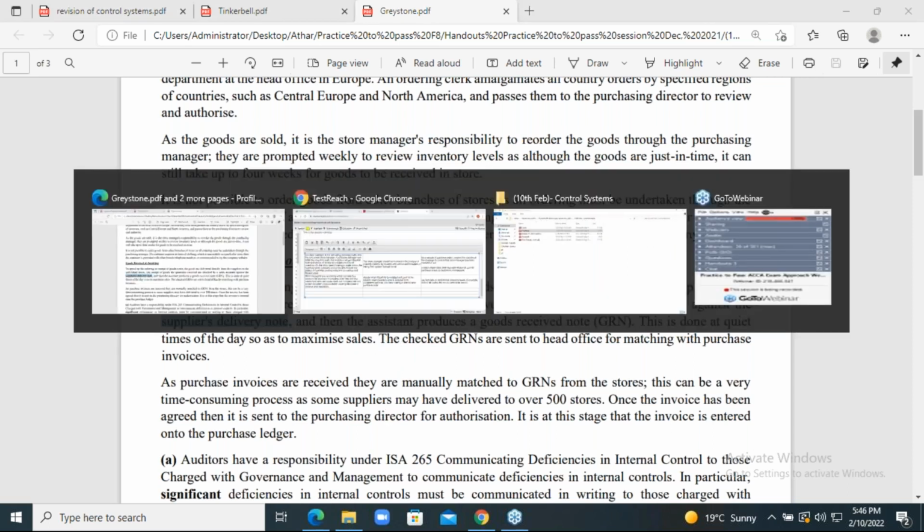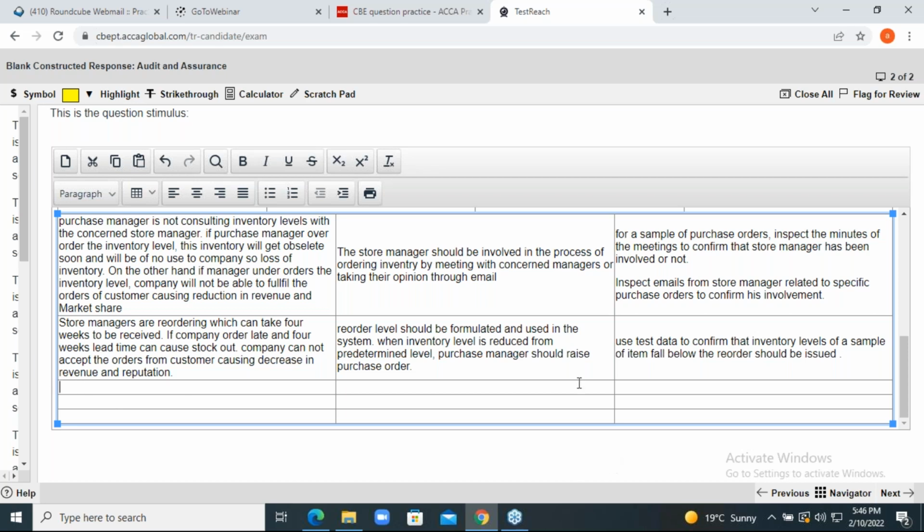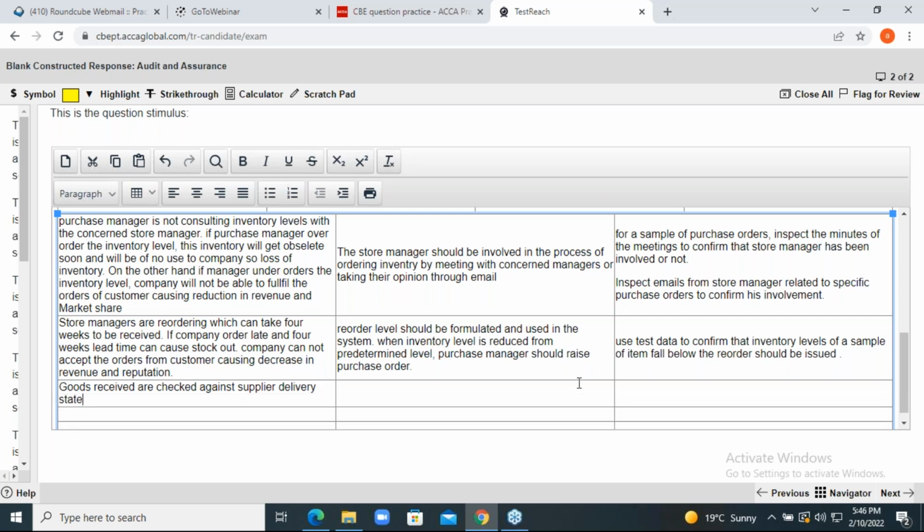Now this is the deficiency, and we are going to write: goods received are checked against supplier delivery statement rather than purchase order. Now, this is the issue.